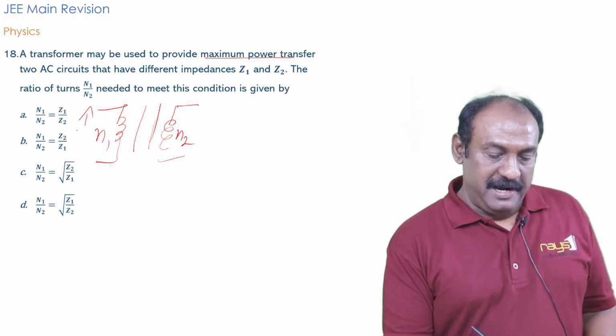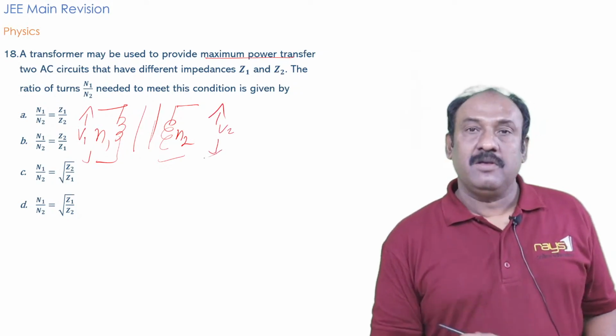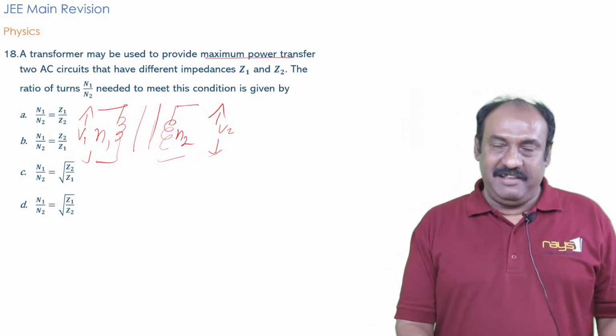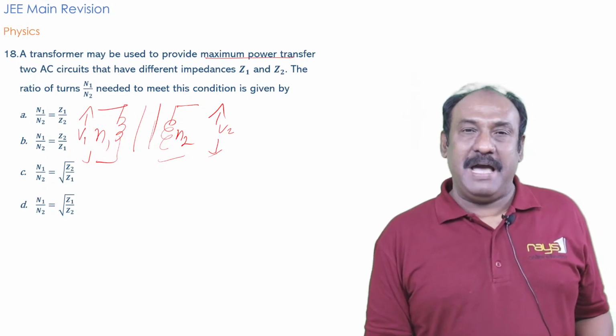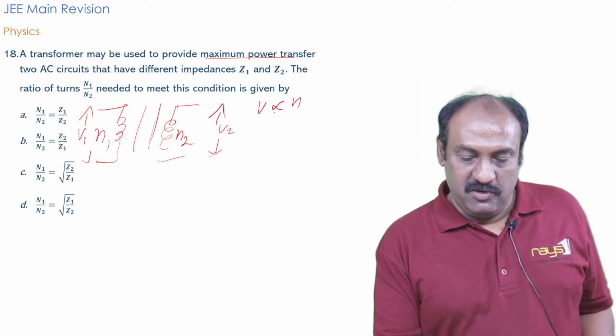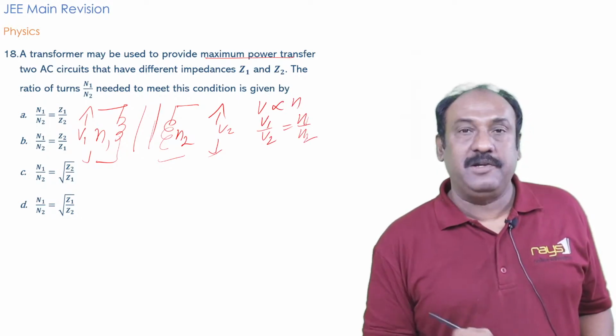The input voltage is V1, the output voltage is V2. We know that in any transformer, V is directly proportional to N. Therefore V1 by V2 is equal to N1 by N2.